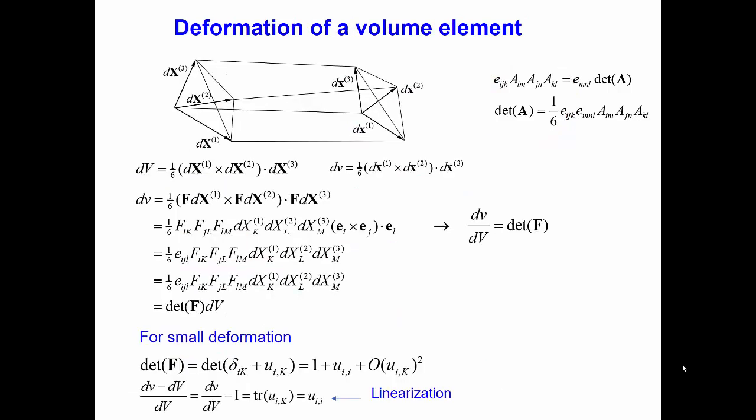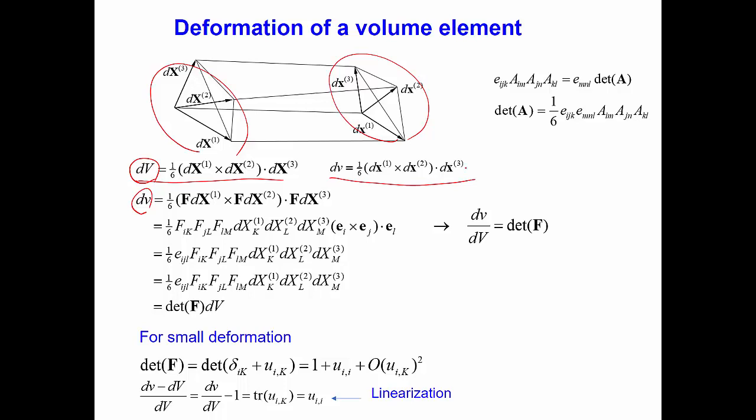In this page, we are going to link two volume elements defined by three differential line segments in the material and spatial coordinate systems. The volume elements in the material and spatial coordinate systems are calculated by this and this formula respectively.